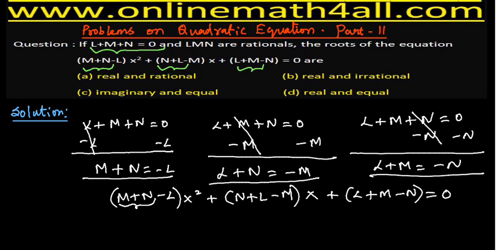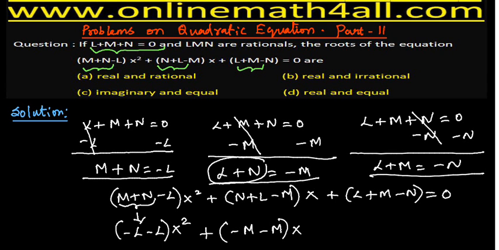So in the given quadratic equation, wherever we find m positive n, it can be replaced by negative l. Then we get negative l times x square, because we have taken negative l for m positive n. For n positive l, we can take negative m, because when I used the given information the second time, I got n positive l is equal to negative m.